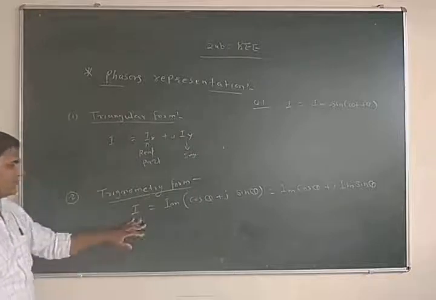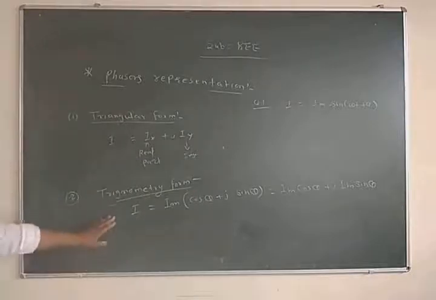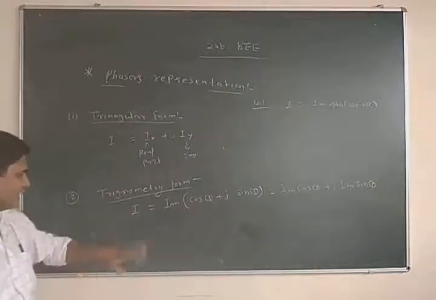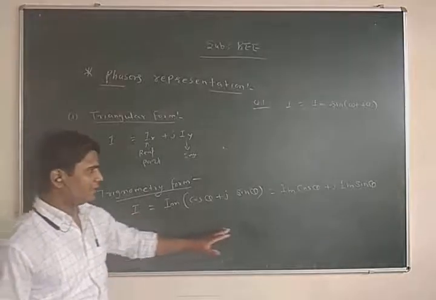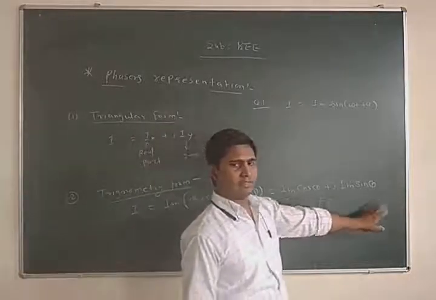This form is trigonometric form. In trigonometric form, we represent the phasor I as a cos plus j sin.